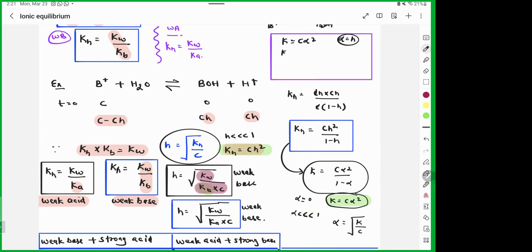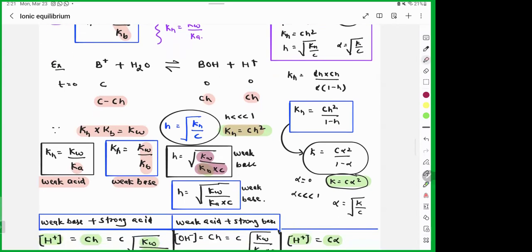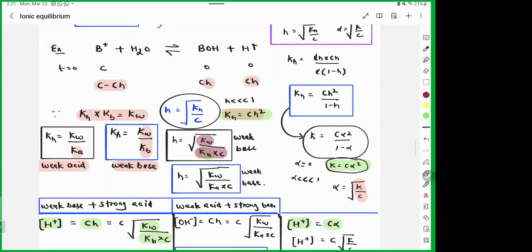That's why here you have Kh equal to Ch square, and your h will be equal to under root Kh upon C. Here alpha was like root K upon C. Exactly everything the same. See, K is equal to C alpha square. We had the same here. Alpha is equal to this. This time it will be equal to this. Any doubt, guys?